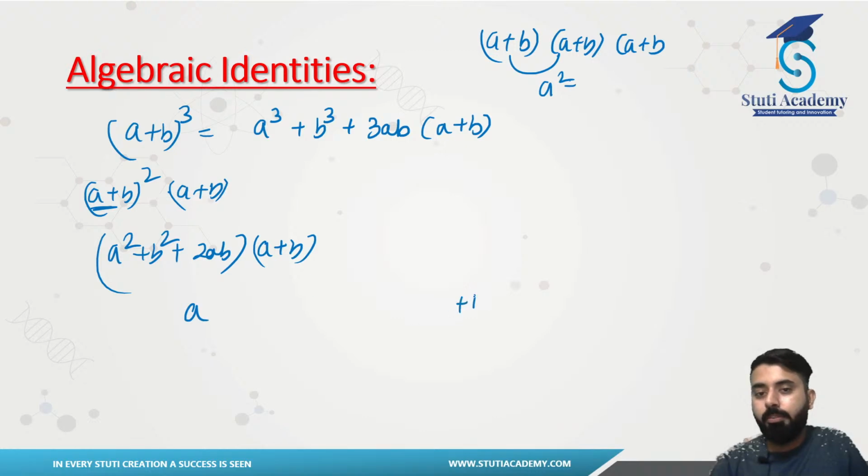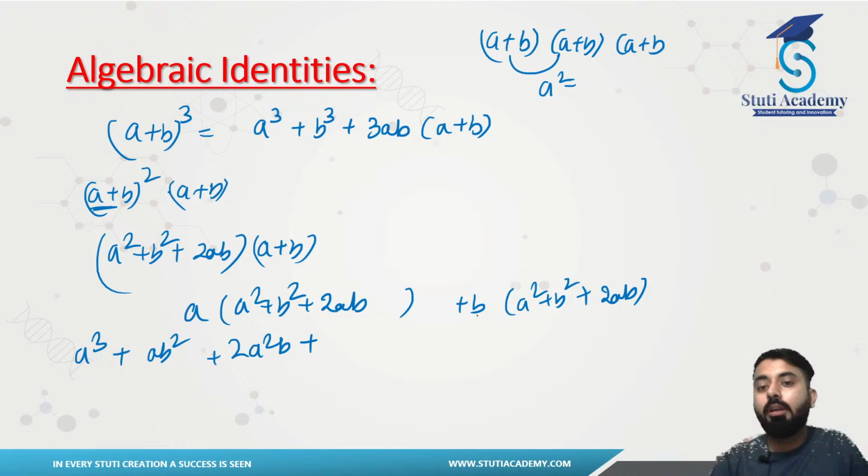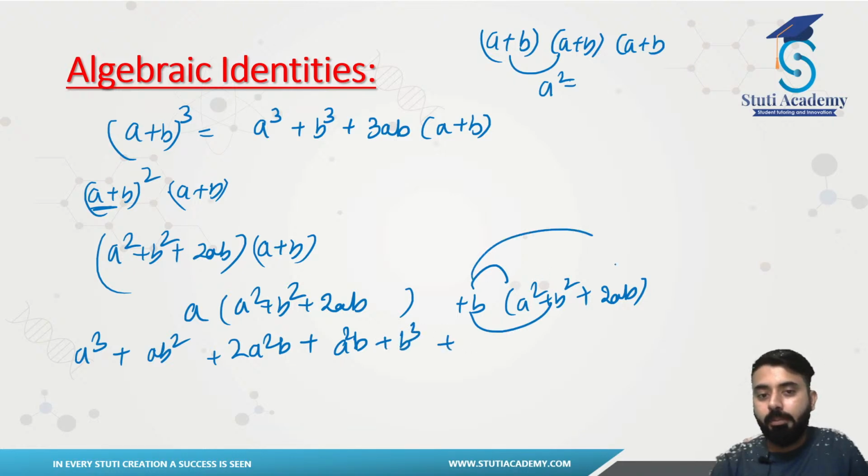Now a here, b here, put the remaining bracket here, a square plus b square plus 2ab, and here a square plus b square plus 2ab. If I solve this, it will be a cube plus ab square plus 2a square b plus a square b, then multiplying these, b cube, plus 2ab square.